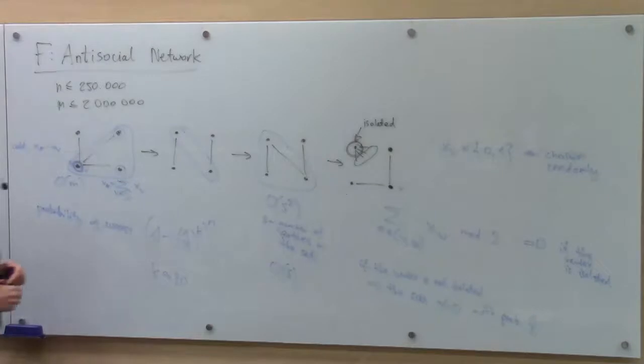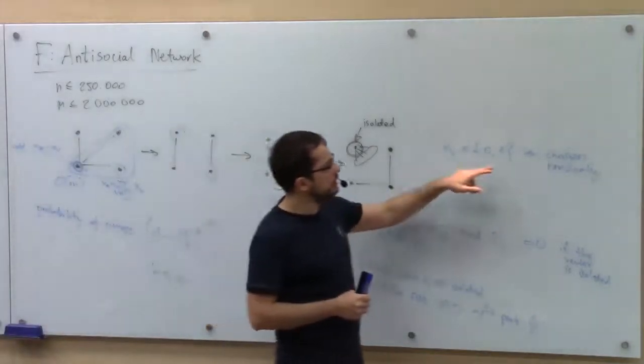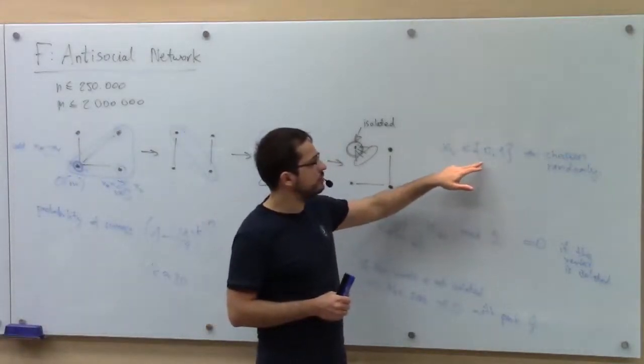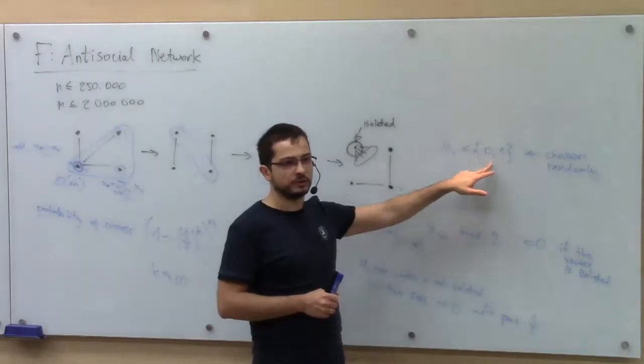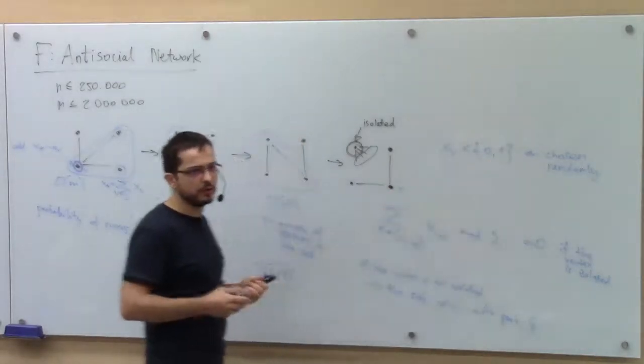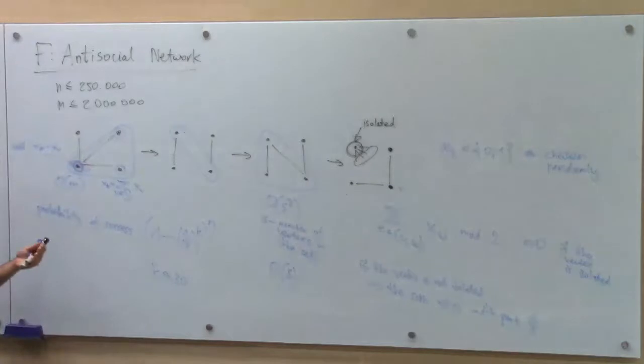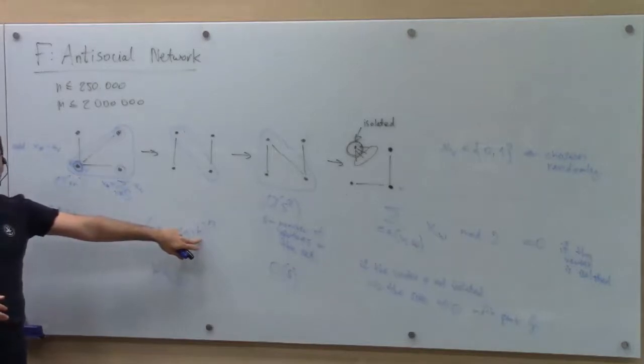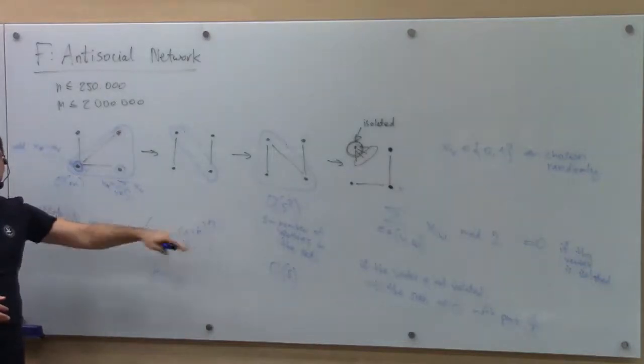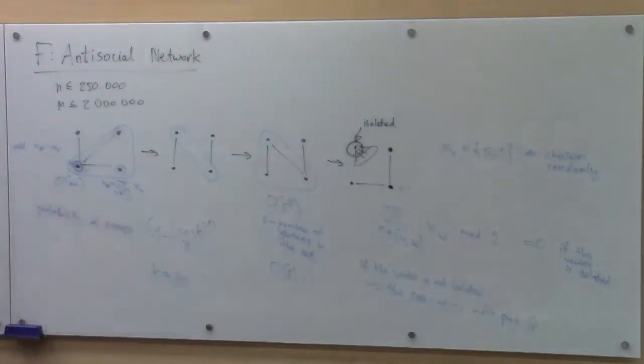Because what we did here, we chose randomly one bit of information. So actually what we can do, we can choose in one go k bits. Instead of doing these phases one after another, we can do all of the phases at the same time.